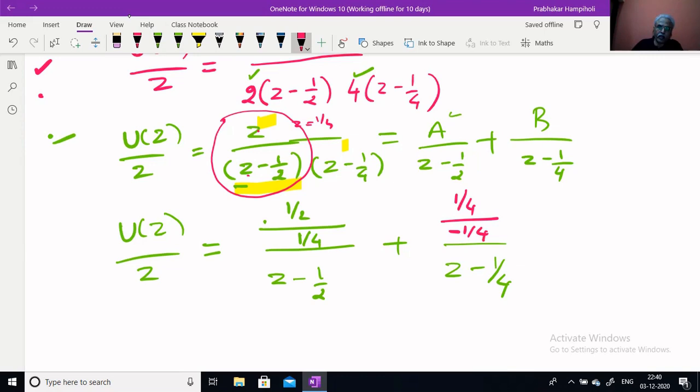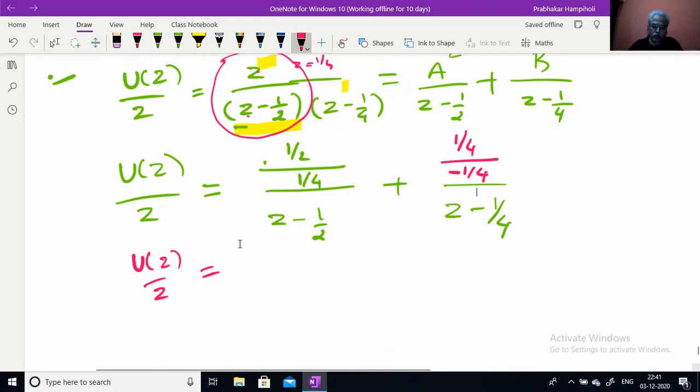Once again, to find this A, put z equal to half in the remaining part except the first bracket. Half here, half here. To find the B part, put z equal to 1 by 4, leave this bracket and put 1 by 4, 1 by 4. So what we are going to end up with is u of z by z equal to, first one is 2 upon z minus half.